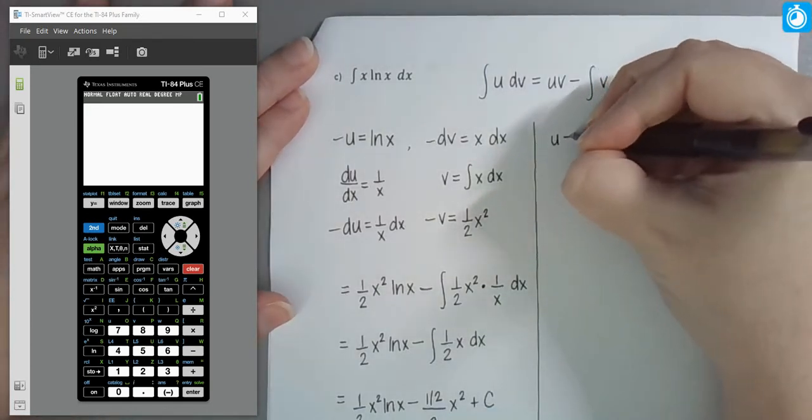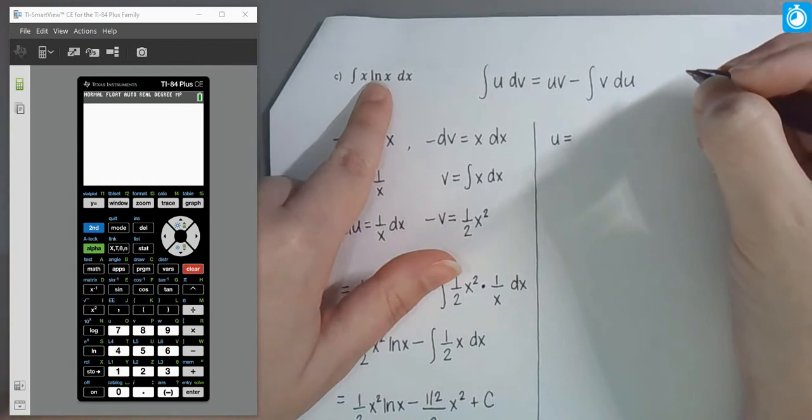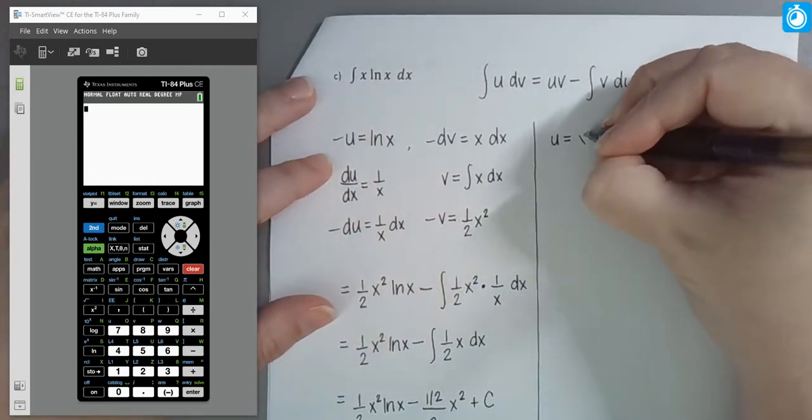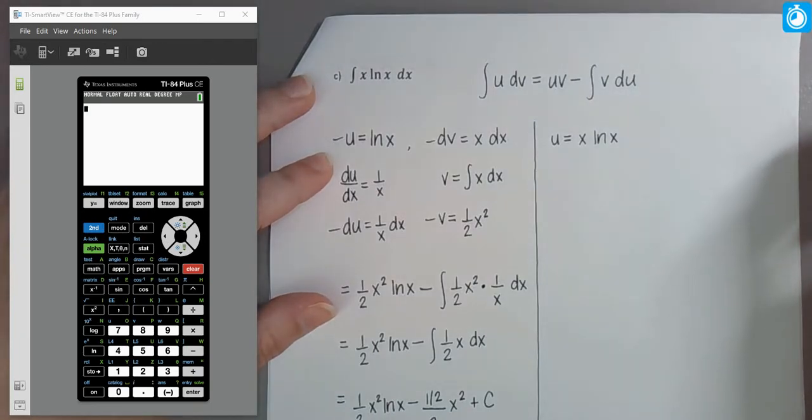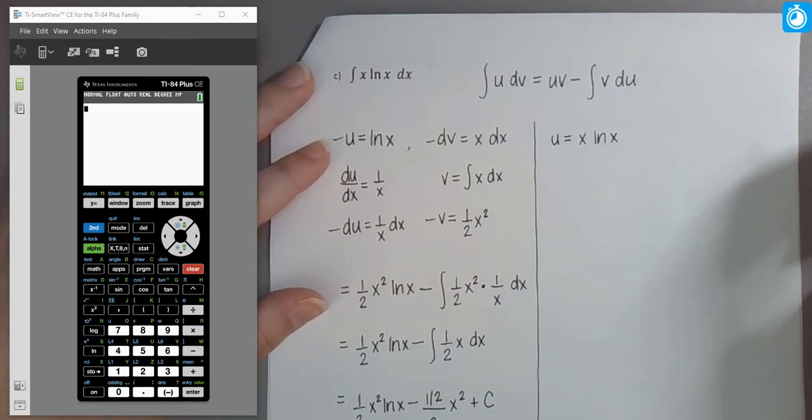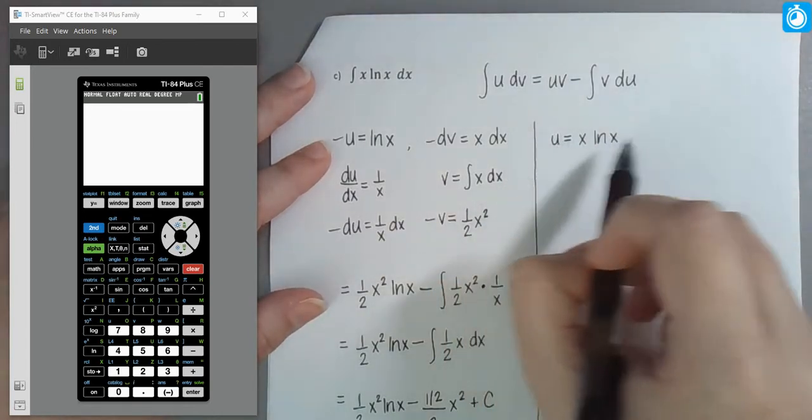So if we allow u to be the whole function, the product in this case, which would be x times the natural log of x, we can pick pretty much anything we want for u, because the only stipulation for u is that it needs to be something we can differentiate. Well, we can differentiate pretty much any function we want using our product, quotient, and chain rules. So we can find this derivative.